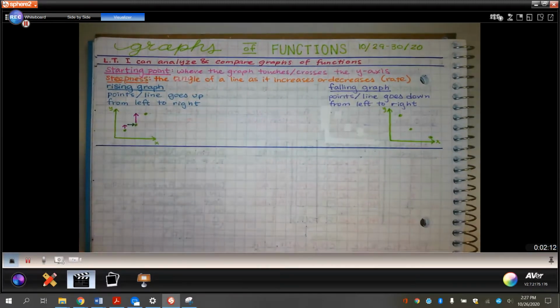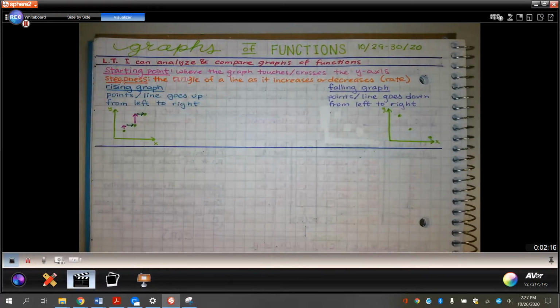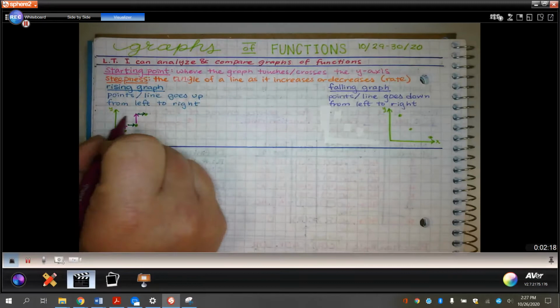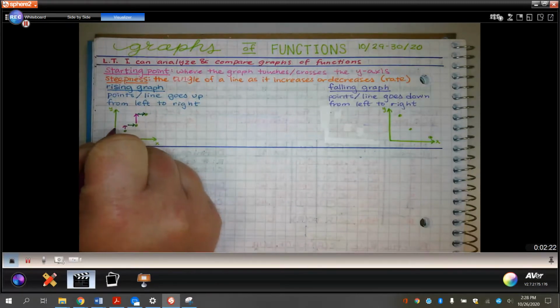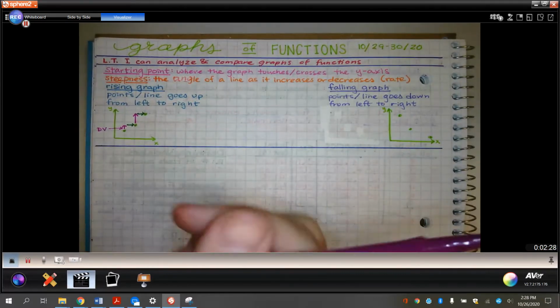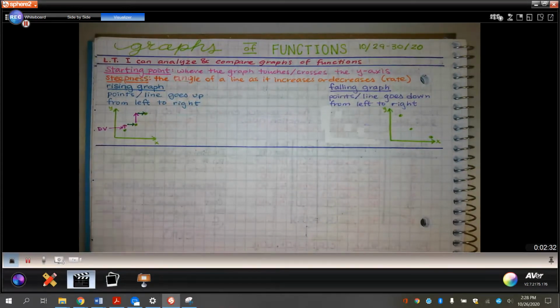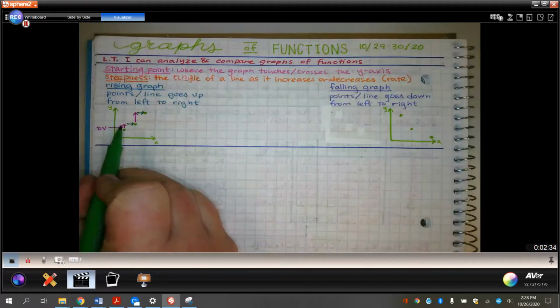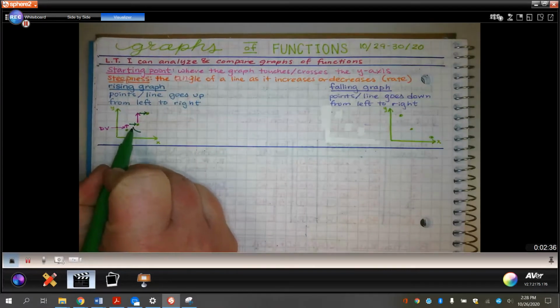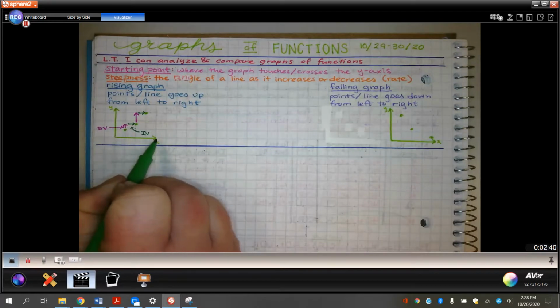So in this scenario, these ups are the dependent variable, okay, because they're going parallel to the y-axis, which is where the dependent variable would be. And then these to the rights are the independent variable because they go parallel to the x-axis, and that is the independent variable.